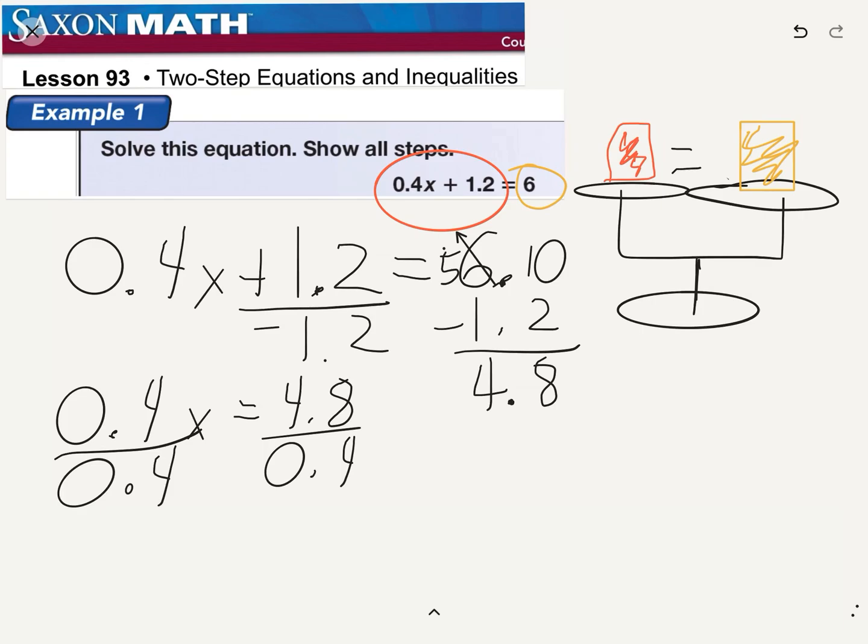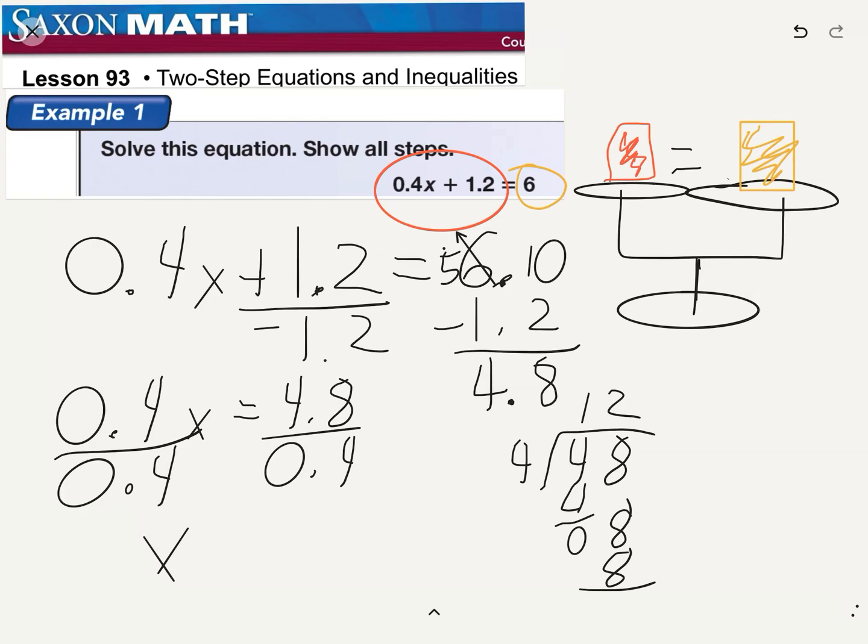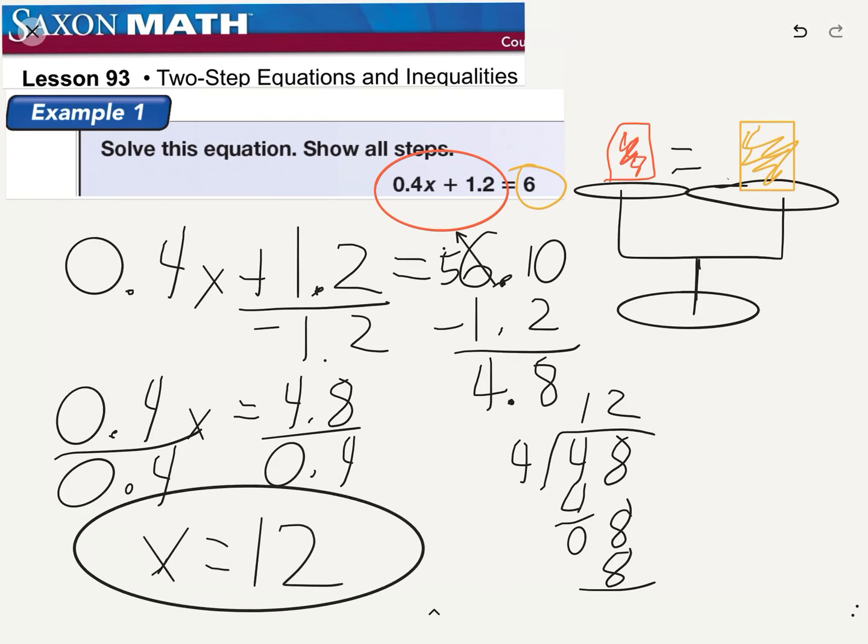So we could just say 48 divided by 4. And spoilers, it's 12. Getting us to x equals 12, simplified.